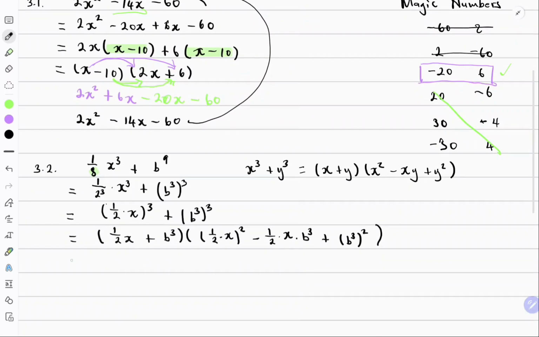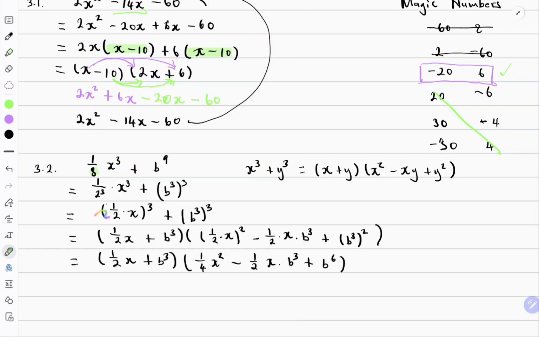So this gives us half x plus b cubed, into one over 4 x squared minus half x times b cubed plus b to the power of 6.